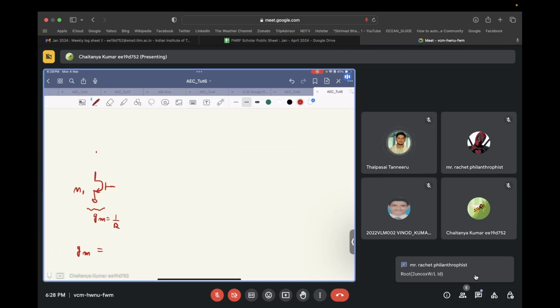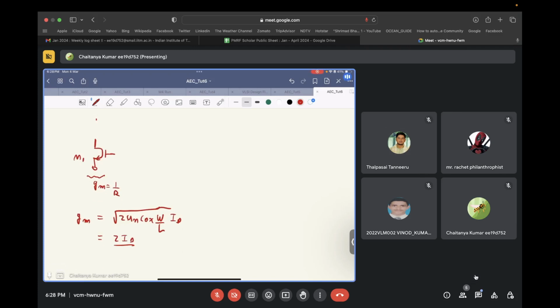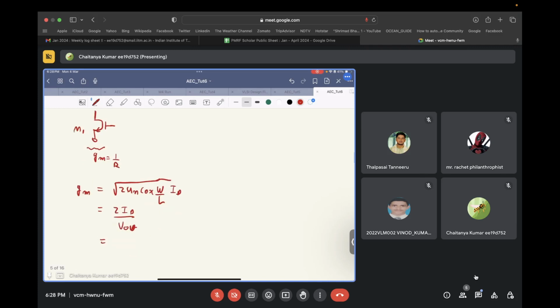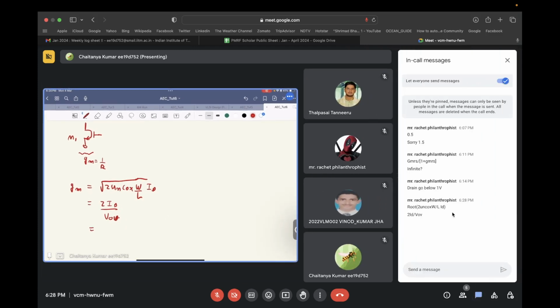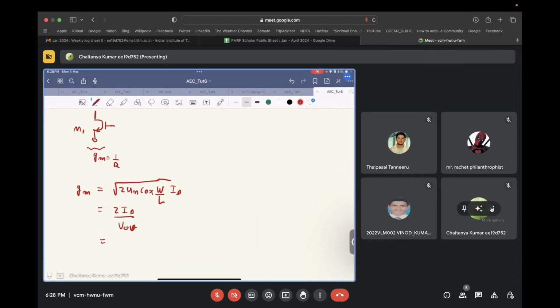One of them is gm equal to square root of 2 mu n Cox W by L times ID. Other is 2 ID by V overdrive. One more equation is mu n Cox W by L times V overdrive.